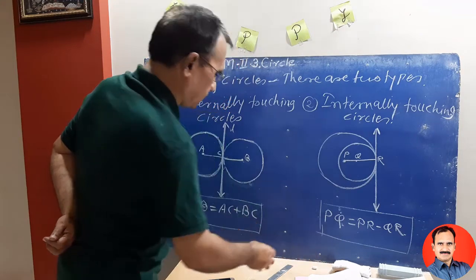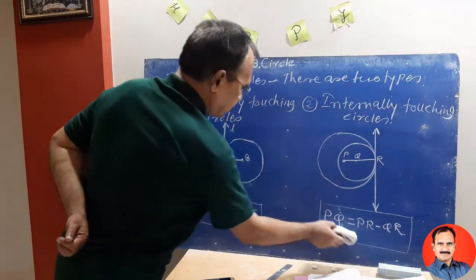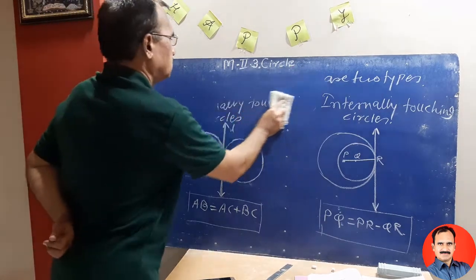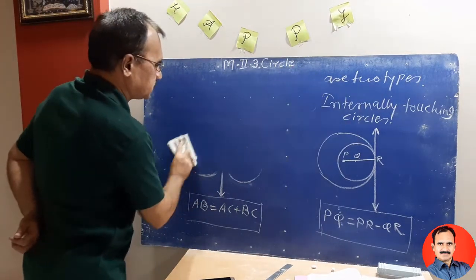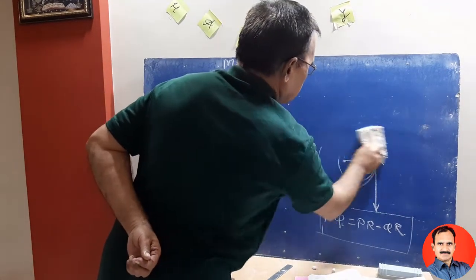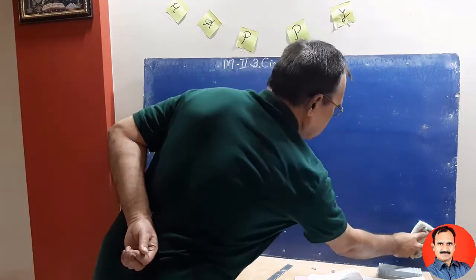Now we are going to see the next point. Write down all these things in your notebook. Examples are based on this formula.